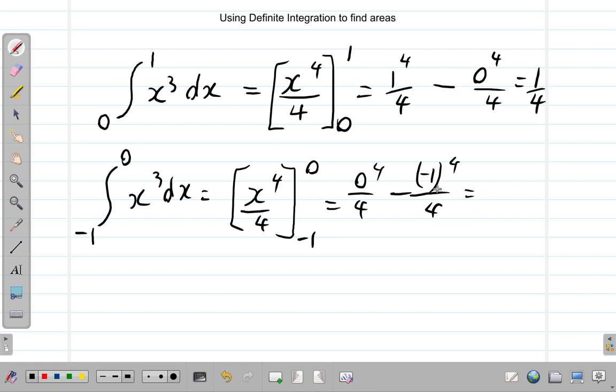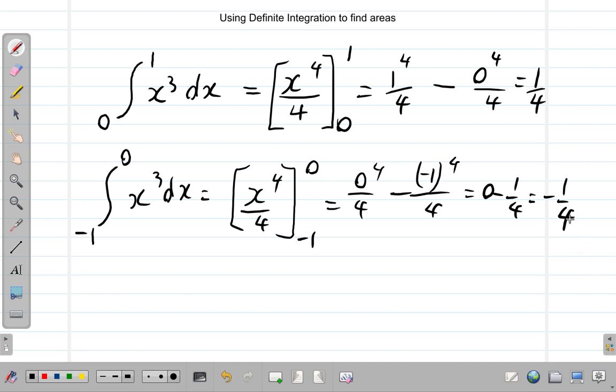So what you have is 0 minus -1 to the 4th, which is positive 1, over 4. This is saying negative a quarter, although you know it wouldn't be appropriate to state an area as being a negative number.